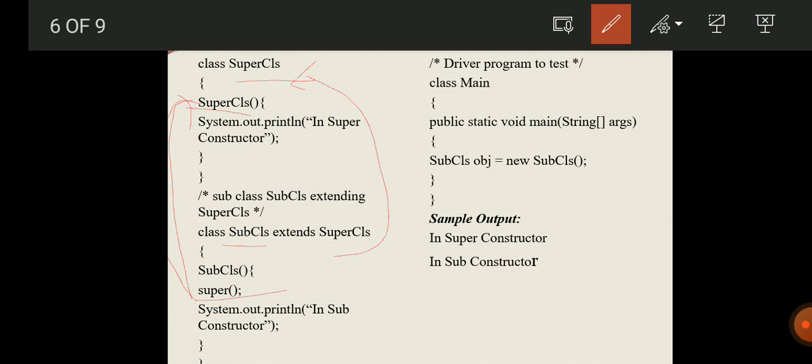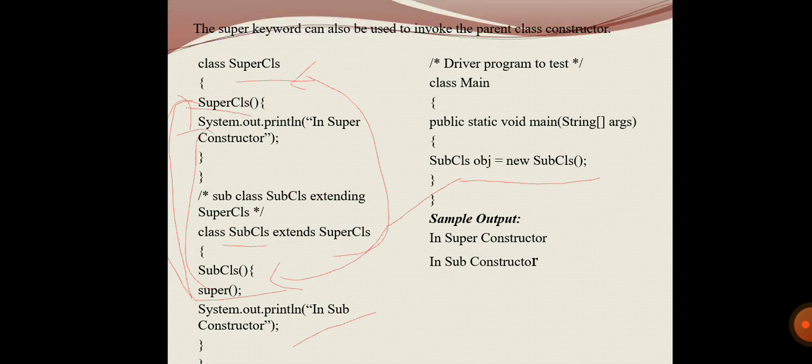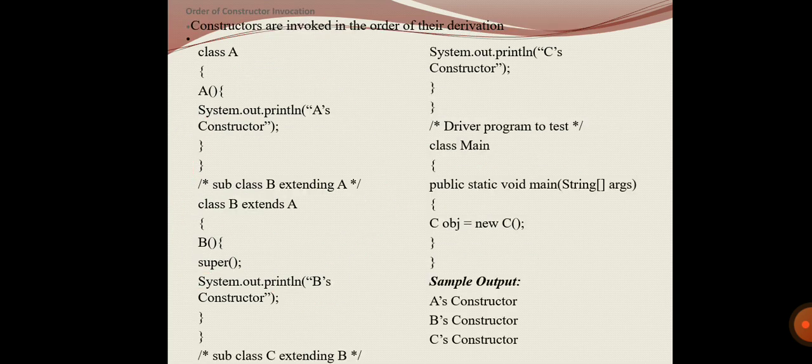Once the object is created for a class, its constructor is invoked automatically. So when this statement is executed, first it goes to the subclass constructor in which we are calling the superclass constructor. So it will print "in superclass constructor", then it will print the subclass constructor. In this way the super keyword is used in a constructor also.